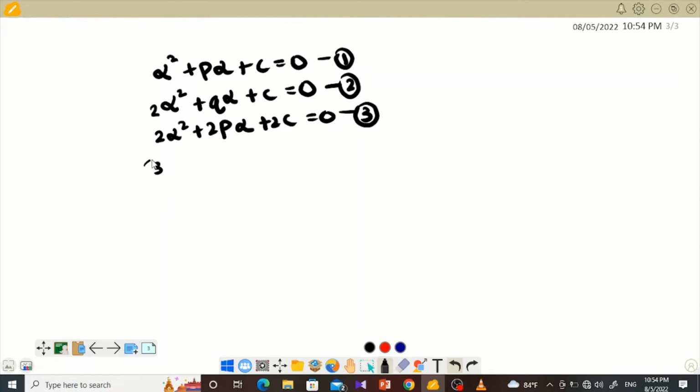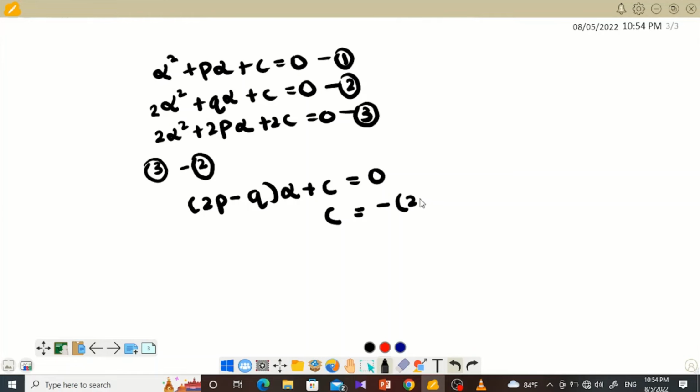I take this as my third equation and I am going to find the value of c. So I subtract the third equation from the second one. Then 2 alpha squared cuts out. I get (q minus 2p) alpha, and 2c minus c means plus c, equals 0. Then I can take c as minus (q minus 2p) alpha.